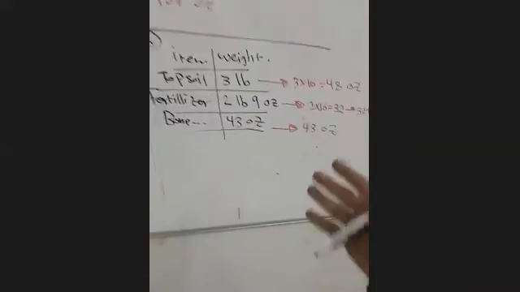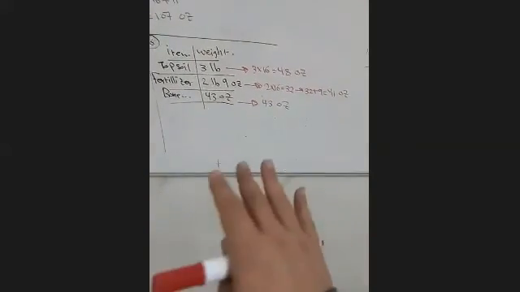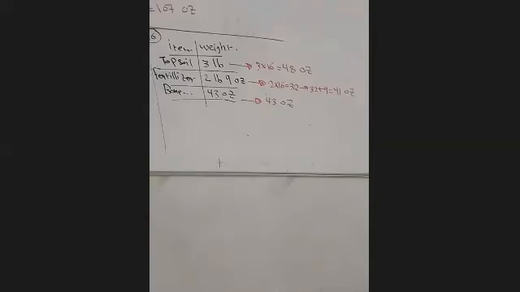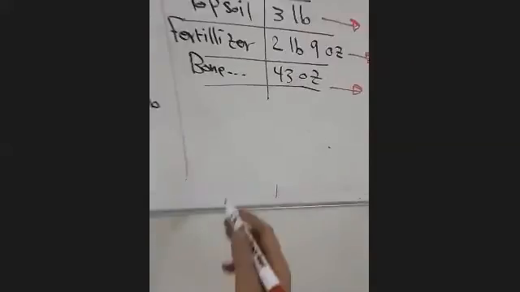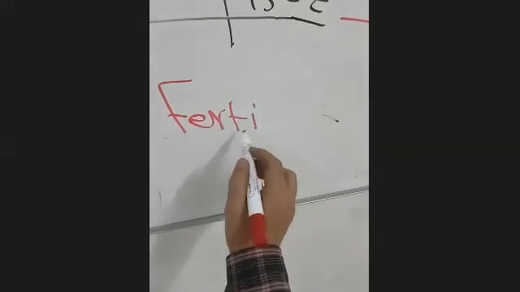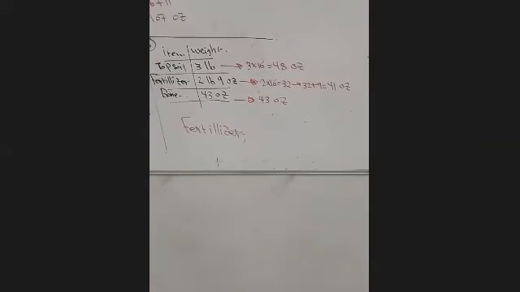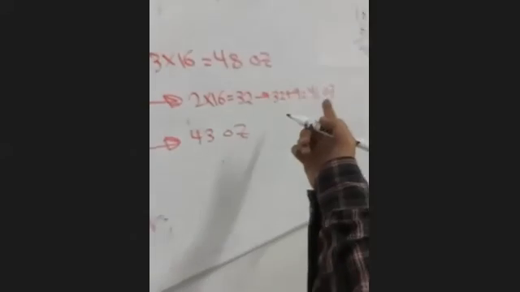Now, can we order them from least to greatest? What is the least one of them? It is the fertilizer, which is 41. So we write the fertilizer first. Then the next one is bone meal, which is 43.